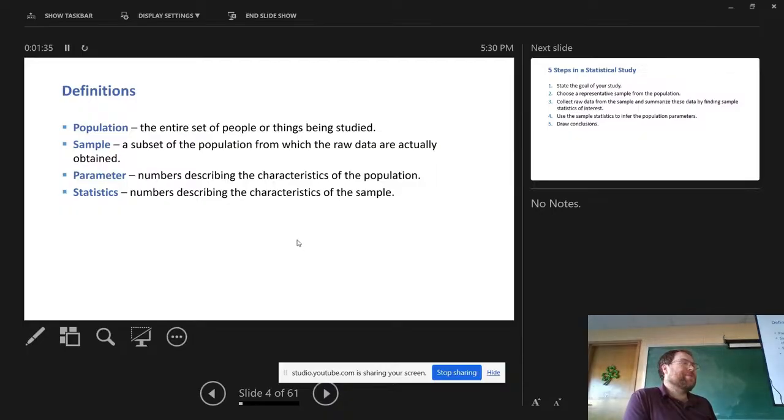And the idea with statistics is, can we survey a sample, and can the sample tell us information about the population? Basically, can we put in a little bit of work for the sample in order to describe the entire thing without having to look at the entire thing?